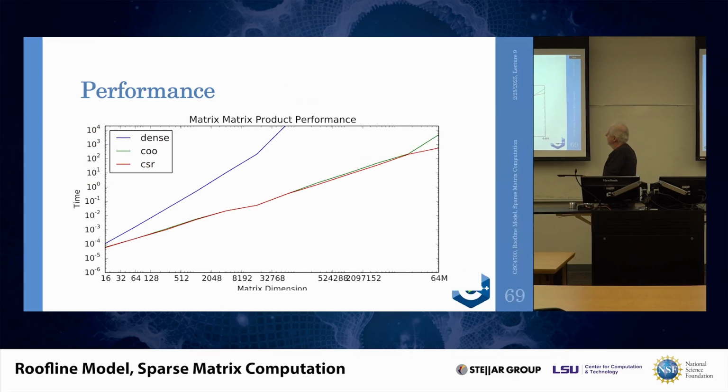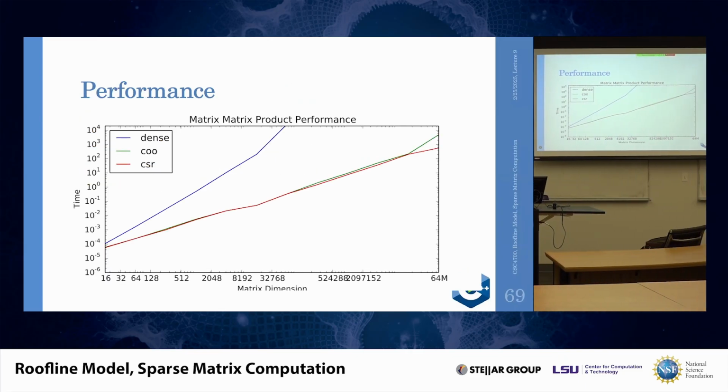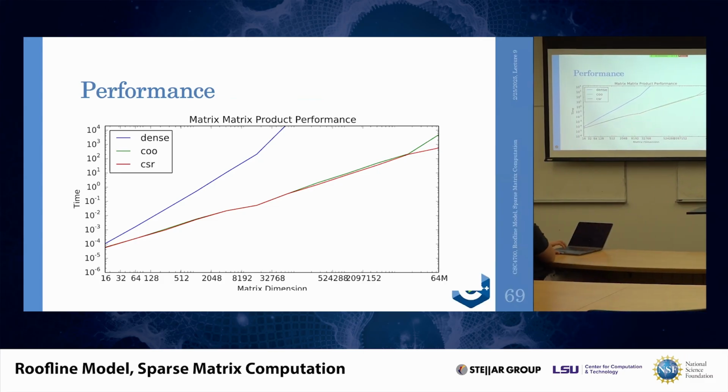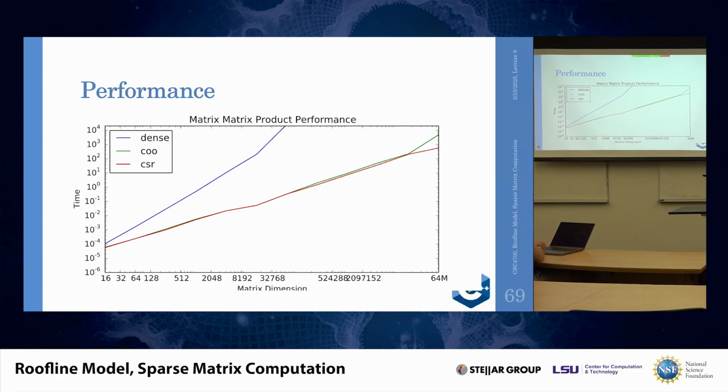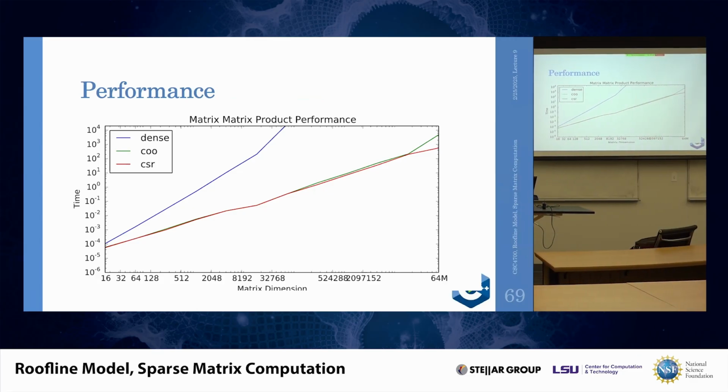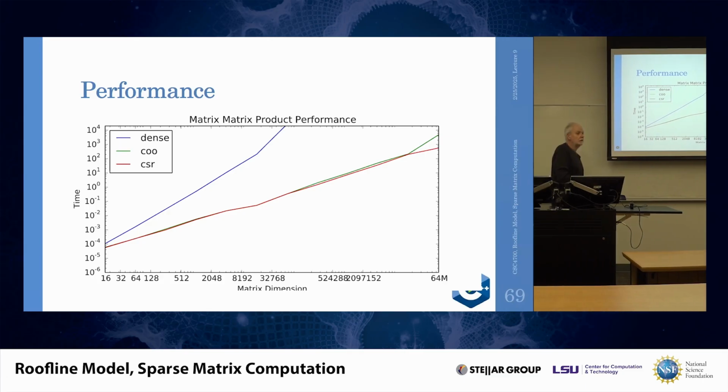Last slide, performance. It compares the performance of dense matrices with the COO, the coordinate format, and the compressed sparse row format. Can anybody tell me why the coordinate format is worse for very large matrices and otherwise equivalent to the compressed format?